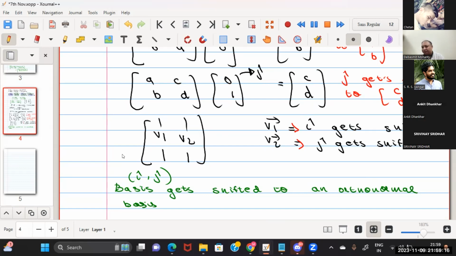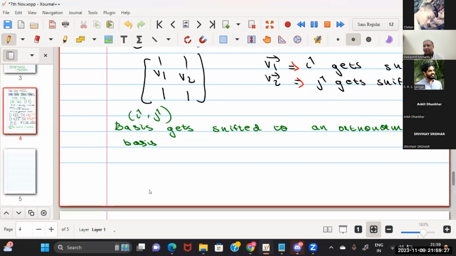Now, Q's inverse is Q transpose, which means Q transpose's inverse is Q. So Q transpose's inverse is also its transpose, and hence the transpose of the matrix is its inverse, and hence Q transpose should also be orthonormal.